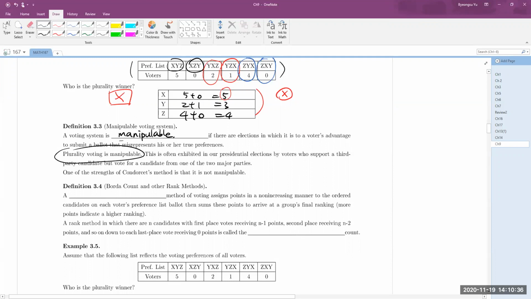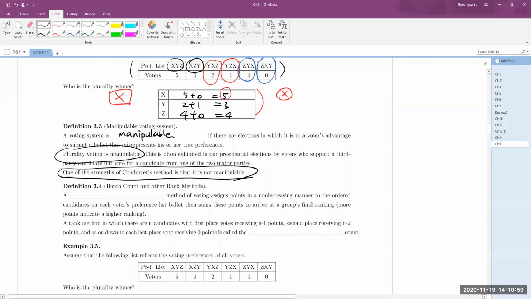And it is known that one of the strengths of the Condorcet method is that it is not manipulable, which means that if you try to misrepresent your own ranks in the Condorcet system, then you cannot get what you want.